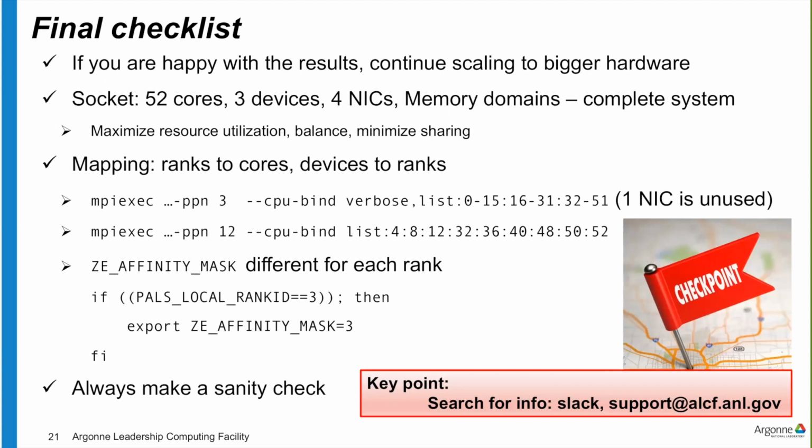My final slide, the final checklist. Everything I was trying to say is: try to be explicit, try to use our hardware as much as possible, place your resources and assign your resources in the way that you know how you want to do it, because you understand which hardware we provide and how you use this hardware in your application.